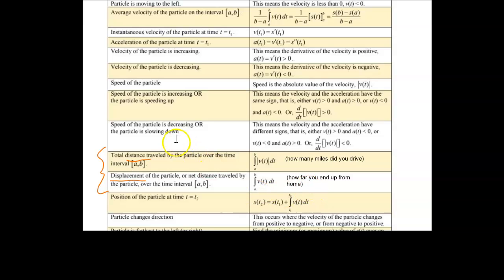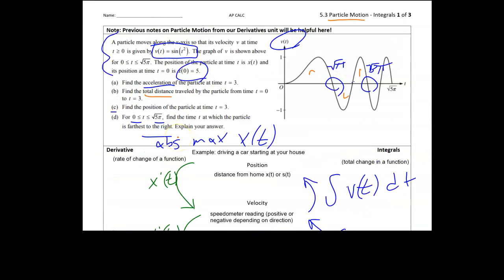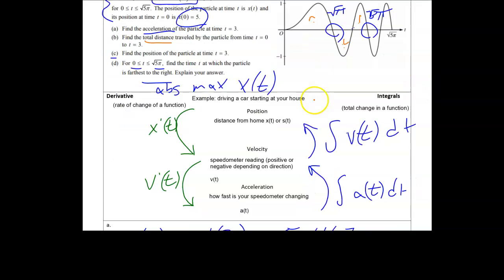Displacement does, right? So that's why this one's a little bit harder. So notice I take the absolute value of my integral here. That's what those bars mean. And the reason is, notice I have intervals where I'm moving right and left, right? If I don't take the absolute value, those leftward moving intervals are subtracting from my total, right? I just want the total distance that I drive. Left should be positive as well.